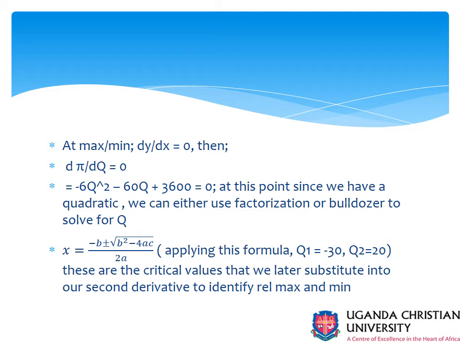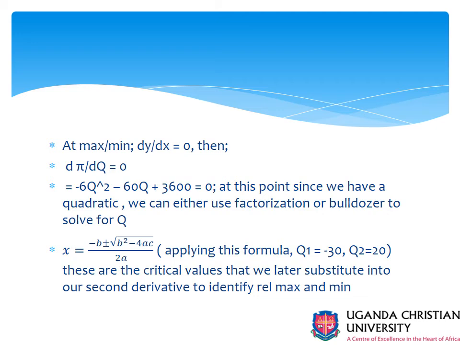So our derivative was negative 6Q squared minus 60Q plus 3,600 is equal to 0. So this is a quadratic equation. At this point, since we have a quadratic equation, we can either use factorization or the quadratic formula to solve for Q. Now, I used the quadratic formula, but one can also factorize, and then you get the values for Q.